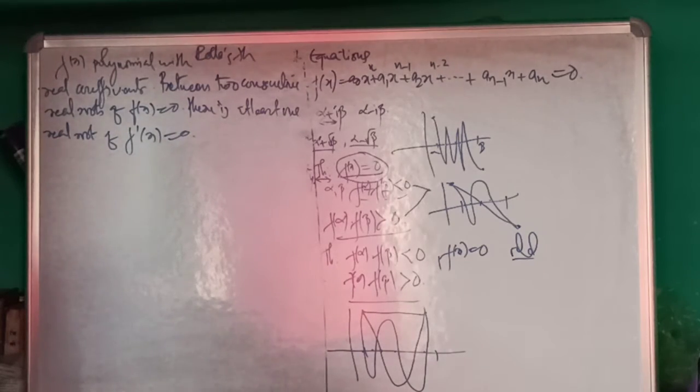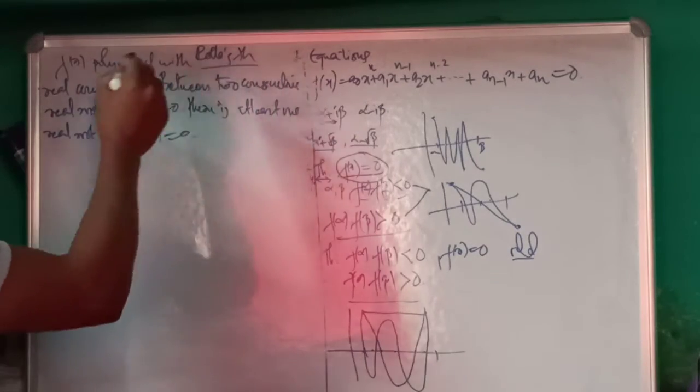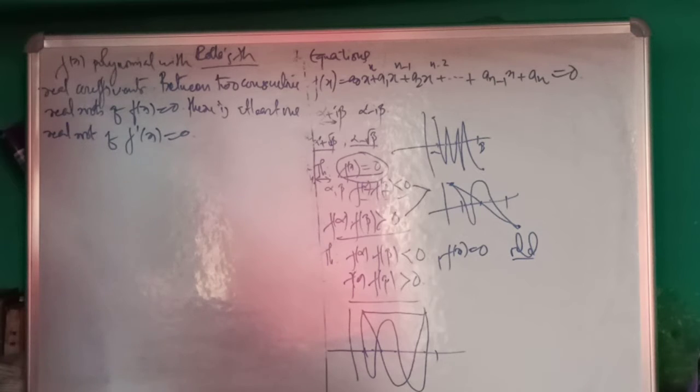So between any two consecutive real roots of f of x equals 0, there is at least one real root of f dash of x equals 0. So this is Rolle's theorem. Remember the statement. You don't need the proof of this.